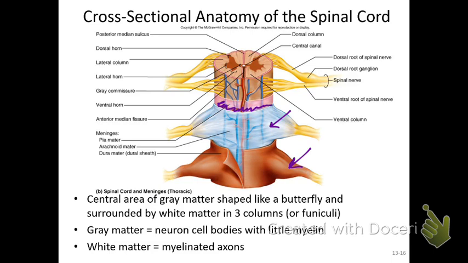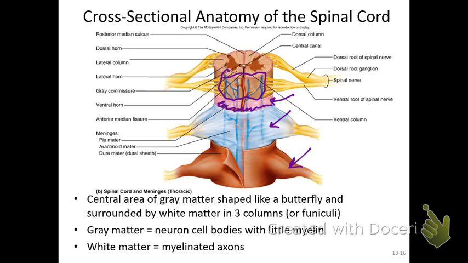And then in this particular image, the pink layer is the pia mater, shrink-wrapped to the surface. Notice that there's still a very rich vascular supply traveling right along the spinal cord. So the spinal cord is protected by these meningeal layers, and it's not only protecting the nervous tissue, but also the vascular supply to the spinal cord.